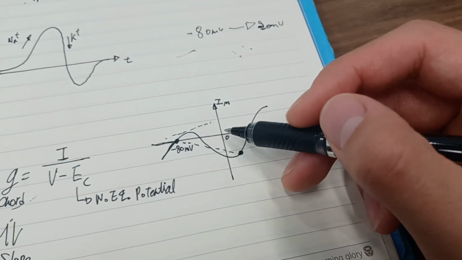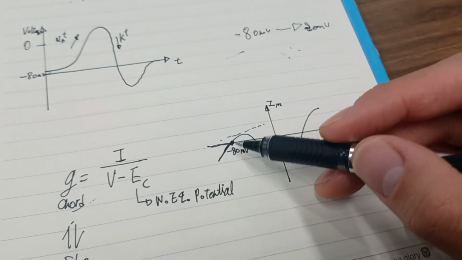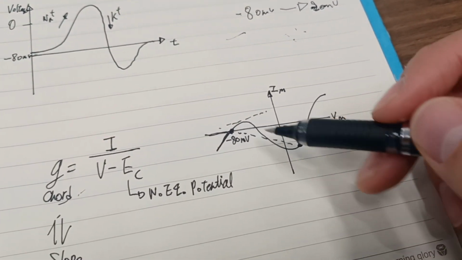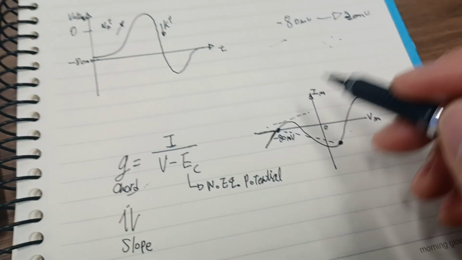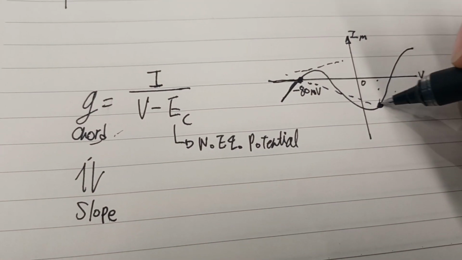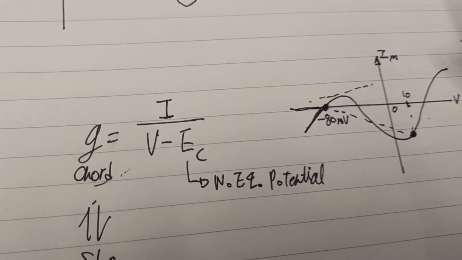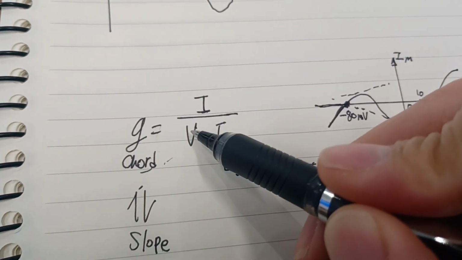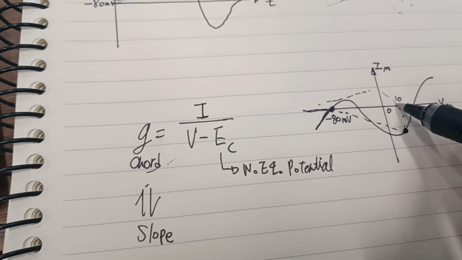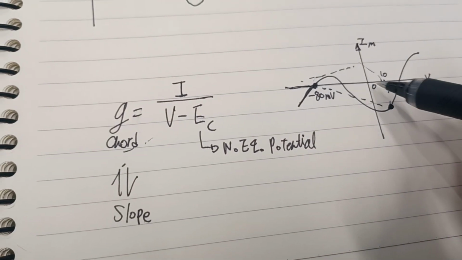So instead of 0, we're talking from here. Because we're measuring the deviation from its stable state, the Nernst equilibrium potential, the voltage for the point of our interest over here, let's say 10 or something, 10 will go here, and then negative 80 will go here. And we will get this deviation.